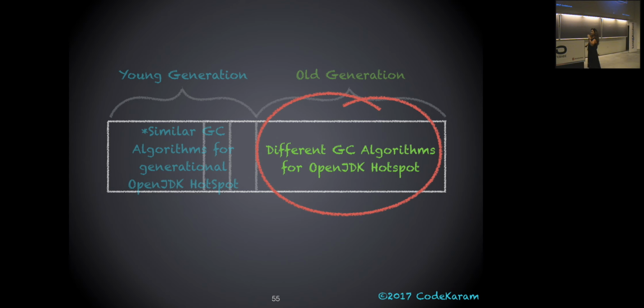So when we talk about the differences, and when I say that CMS is not compacting, I'm only talking about the old generation, because young generation is always compacted. When I talk about incremental compaction in G1 GC, I'm only talking about the old generation, okay? Something very interesting to keep in mind is that it's for old generations only.